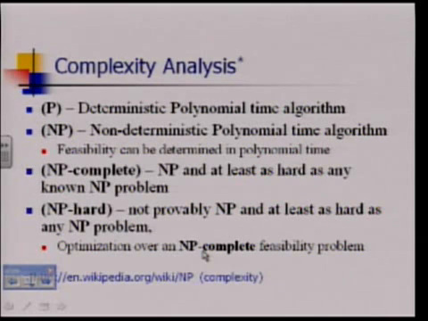And what else? And sometimes we have to settle with a so-called suboptimal solution. And by saying suboptimal, some people may say it means non-optimal solution.